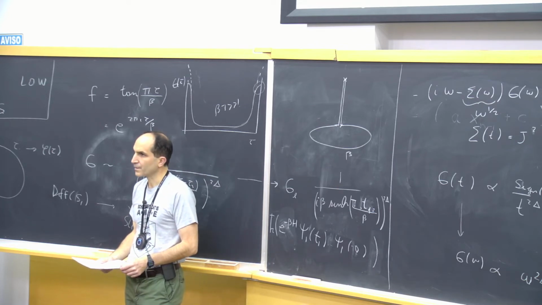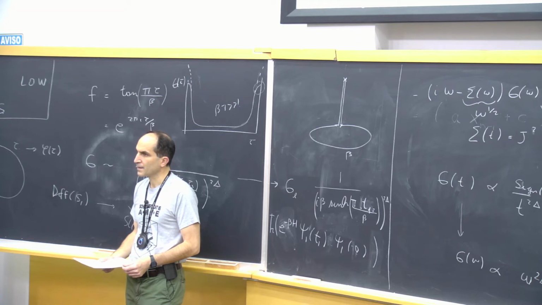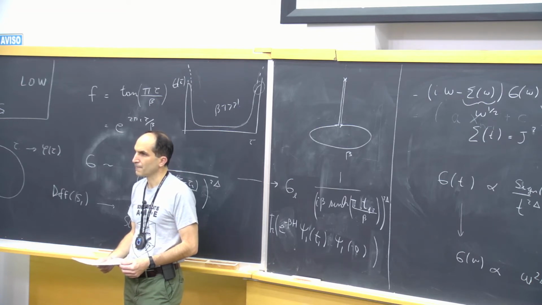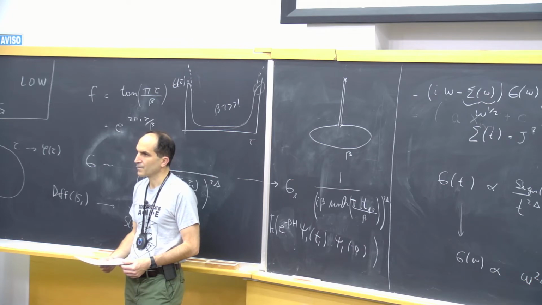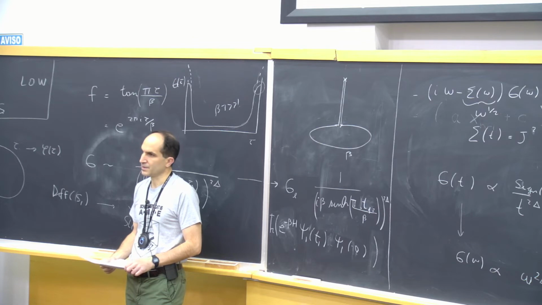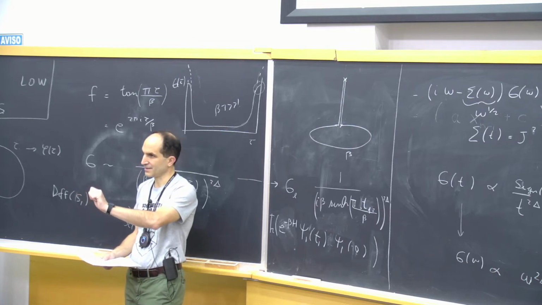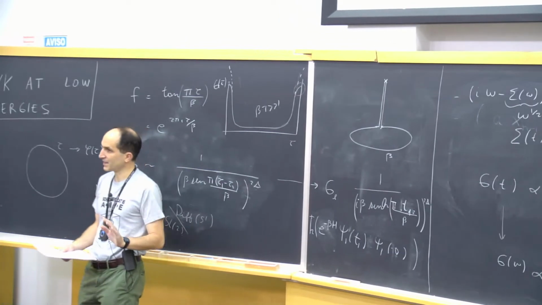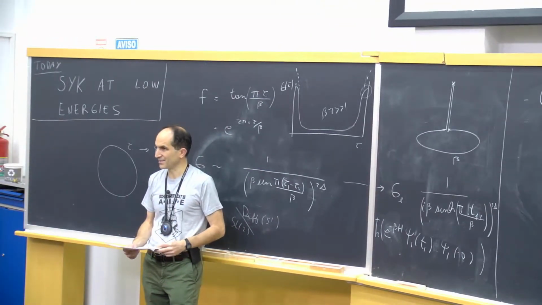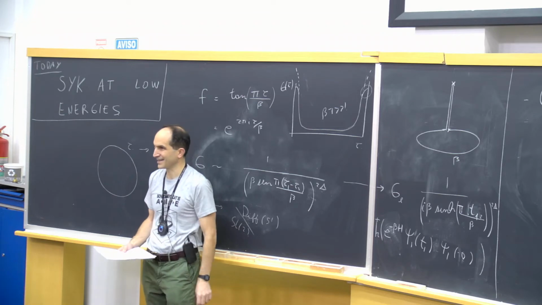Yeah, so you get some redundancy because of the parameterization. I'll discuss this path integral in detail in a second. If I didn't answer your question, please ask it again.